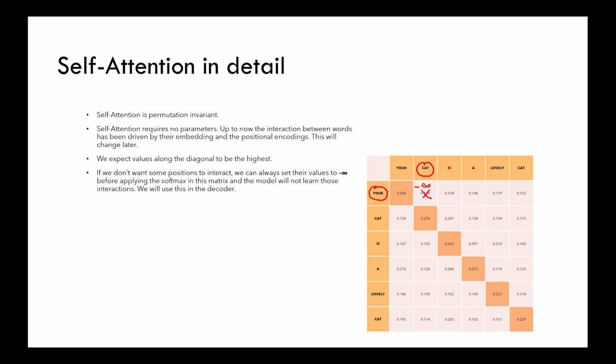So we can remove some interaction if we don't want them. This will be used in the decoder, as we will see later when we talk about the masked self-attention. So for now, you just need to understand that self-attention is a way for us to relate words to each other by doing this matrix multiplication.